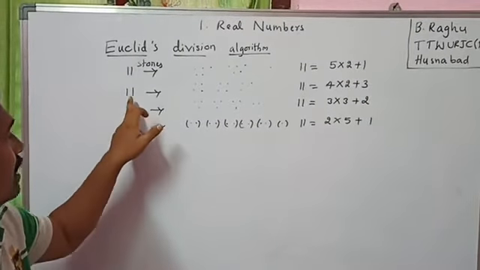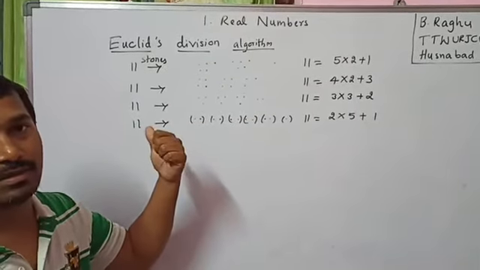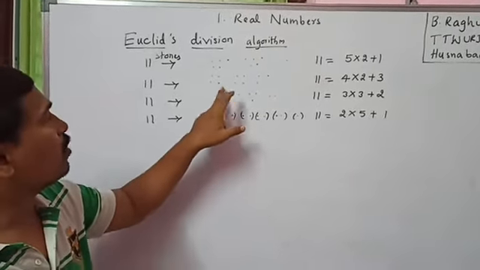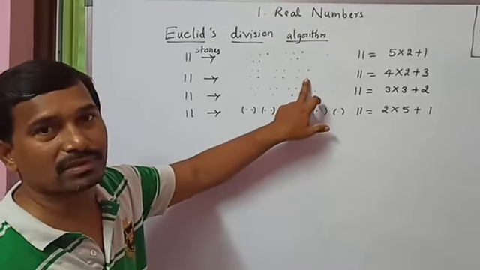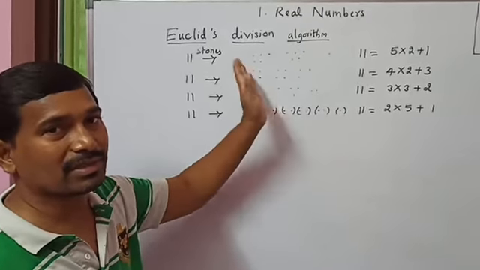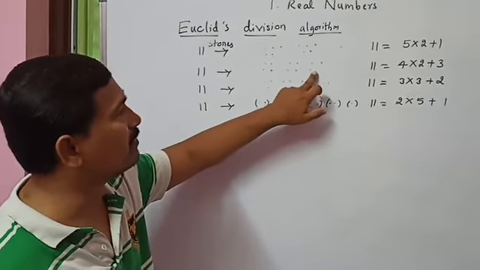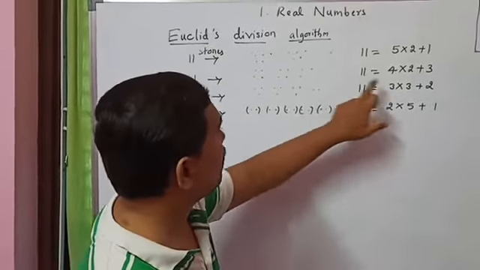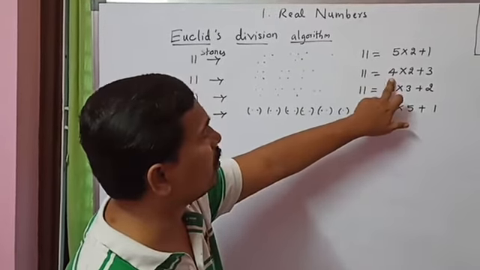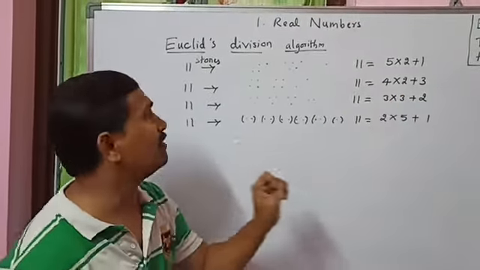If I give 11 stones, distributing 4 each, 2 members can get 4, 4 and 3 will be left. We can't divide equally, 3 will be left. So 4 2s is 8, 8 plus 3 is 11.